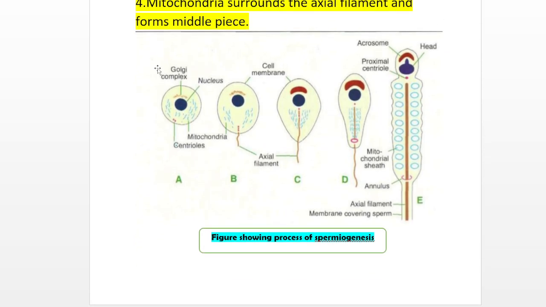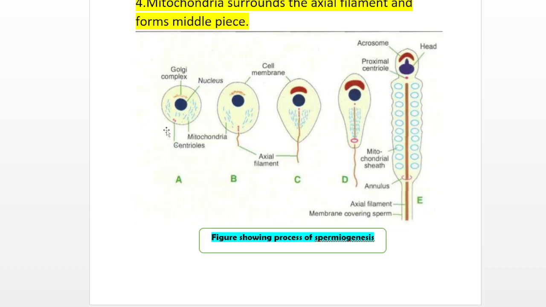We can see in this figure the nucleus, the Golgi complex, the mitochondria, and the centriole. The nucleus forms the head. In the successive stages of development, the nucleus slightly develops, and finally forms the head of the spermatozoa, and the Golgi complex forms the acrosomal cap. You can see the Golgi complex undergoes a series of developmental processes and finally forms the acrosomal cap.